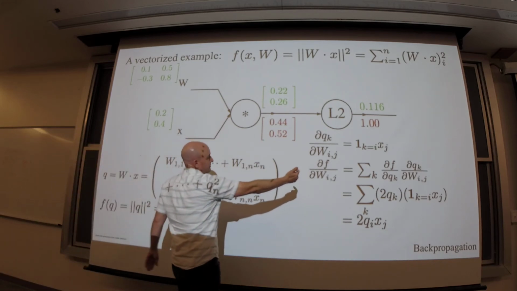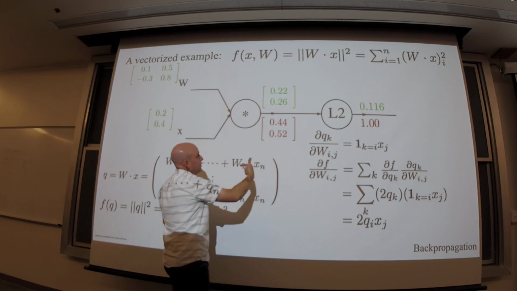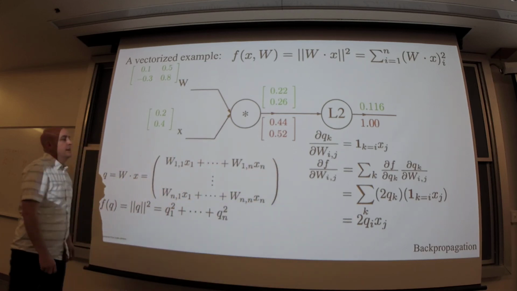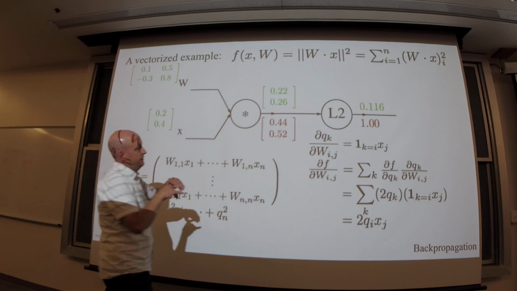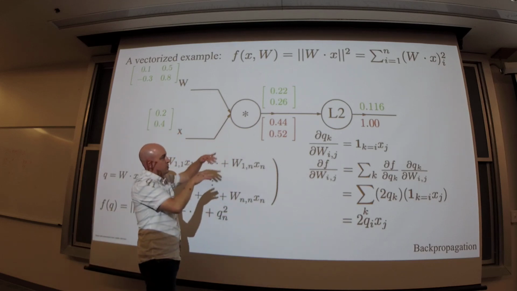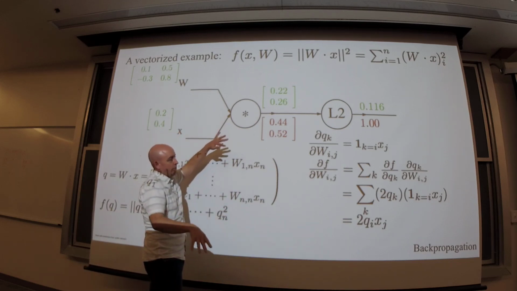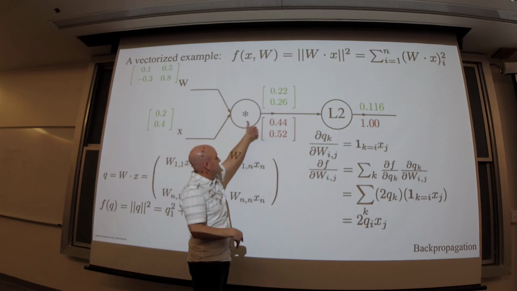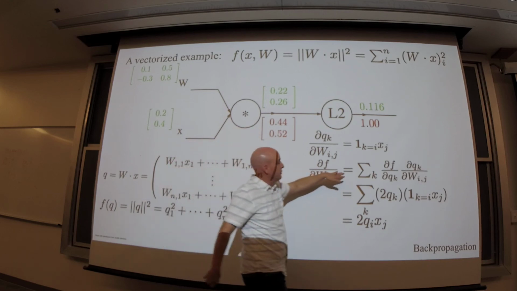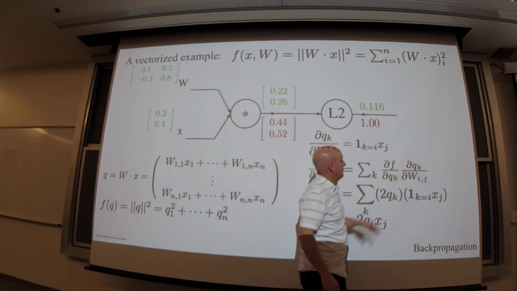And now we need to bring our upstream gradient into this. You don't see it in here, but because this is multi-dimensional, we have all of these entries contributing, so we have a sum over all of these partials.